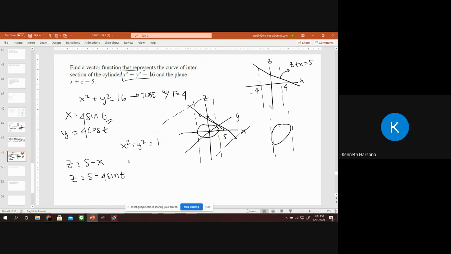X is equal to 4 sine t, y is 4 cos t, z is 5 minus 4 sine t, or you can just write it as okay. Let's move to the next question.